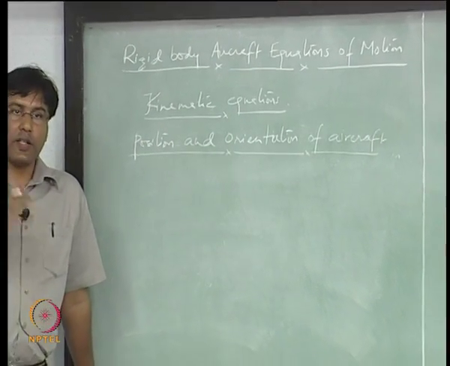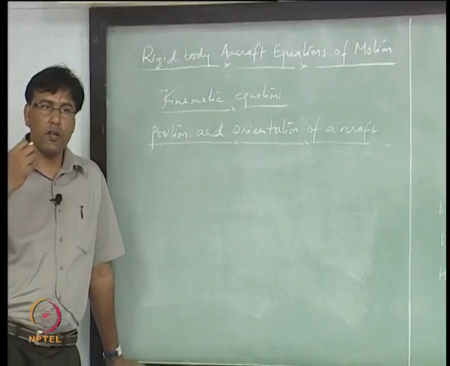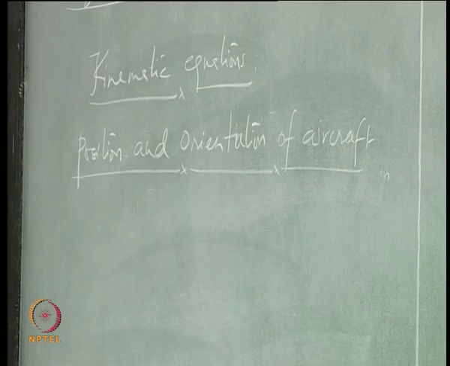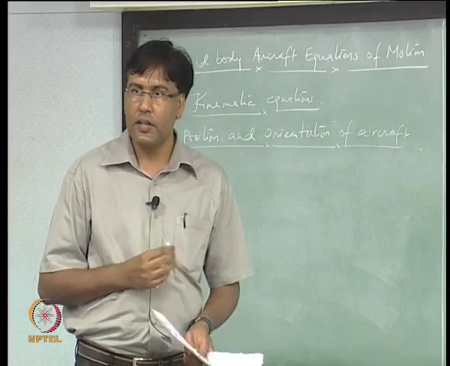Orientation or the attitude can be found by using the angles which are called Euler angles.